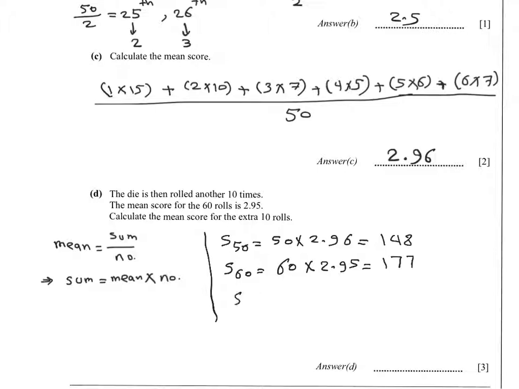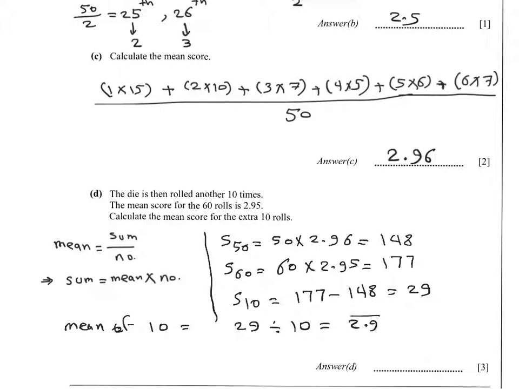Now S10 equals 177 minus 148, which equals 29. The mean of the extra 10 equals 29 divided by 10, sum divided by number, which is 2.9.